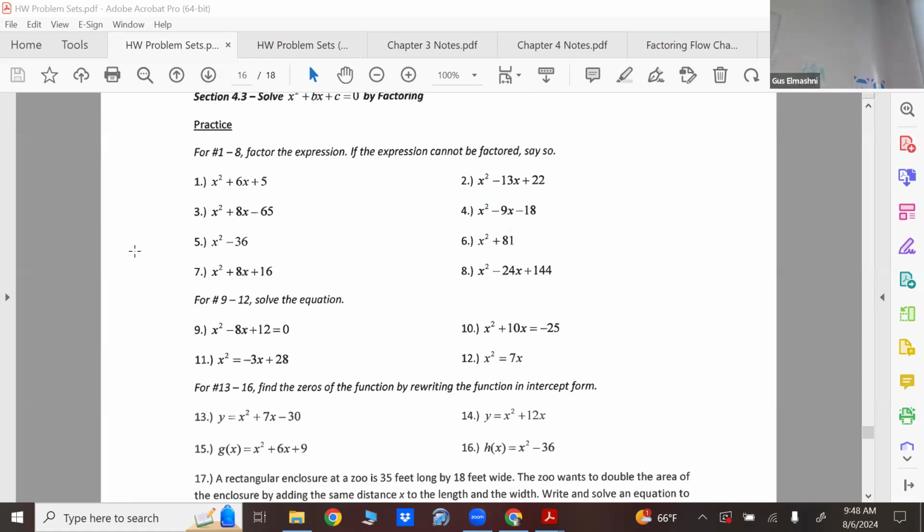Actually, I'm going to do some of these with you guys. I'll speed things up a little bit. So now we're going to say can't be factored. This one's a perfect square trinomial.